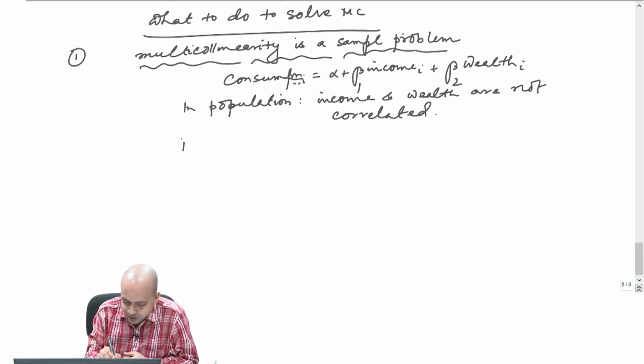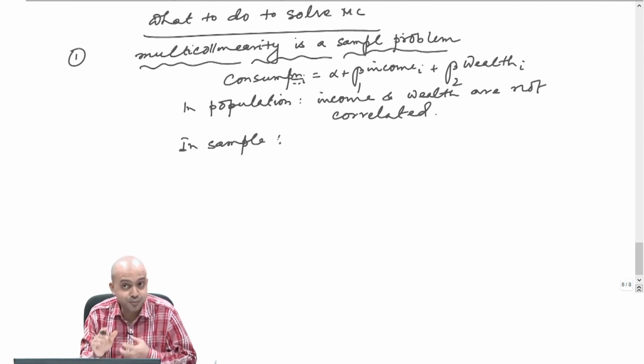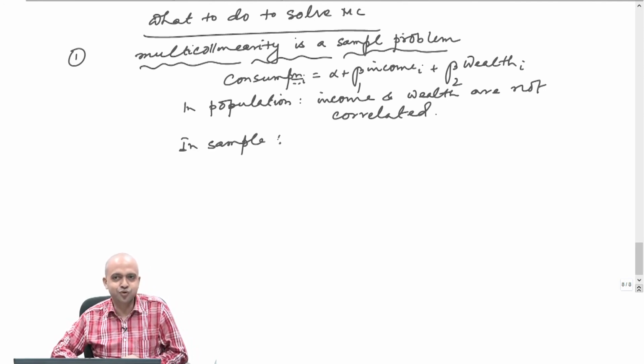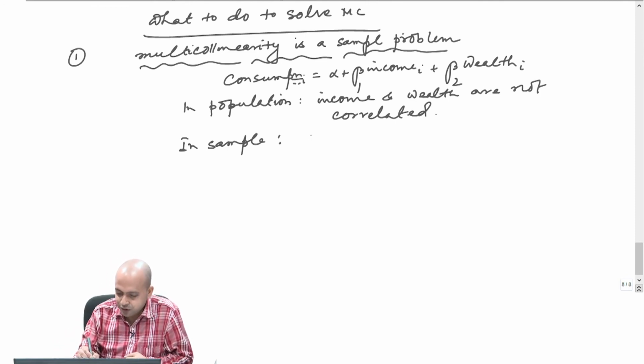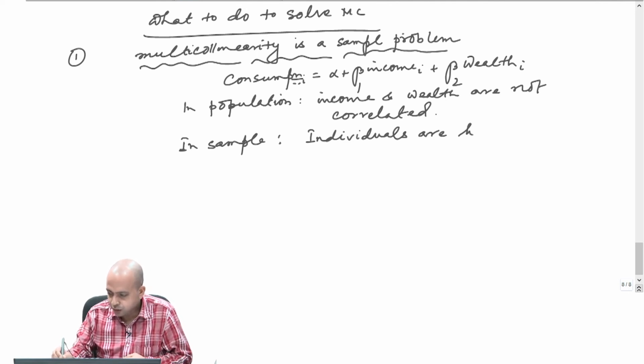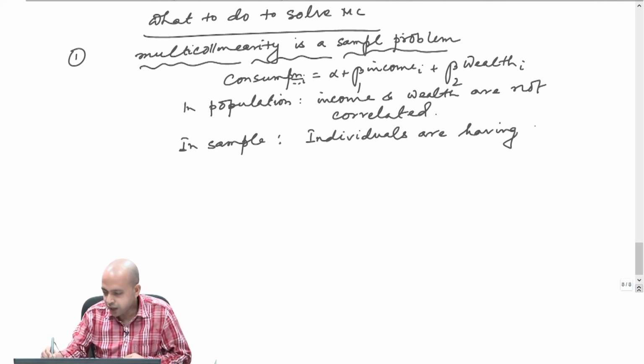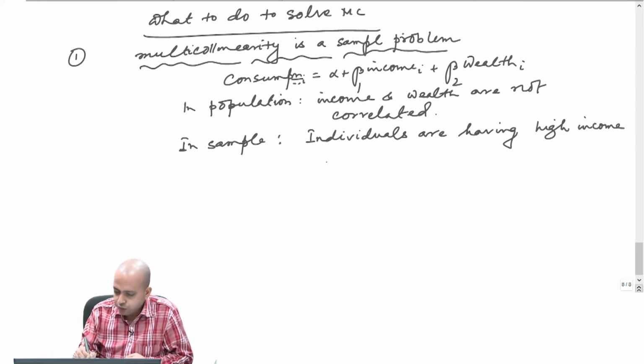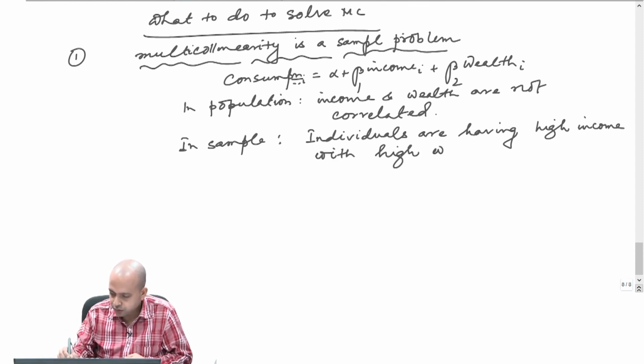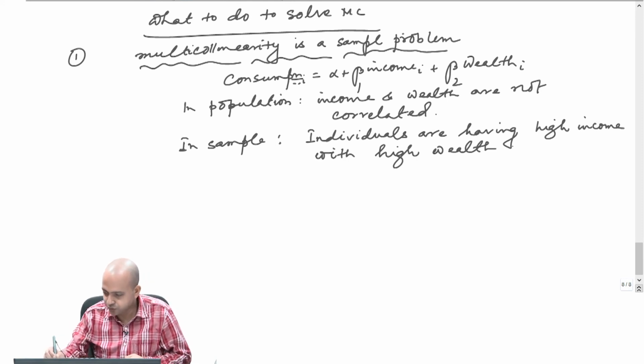But in the sample, it may so happen that in the sample you have collected, individuals are having high income with high wealth as well.